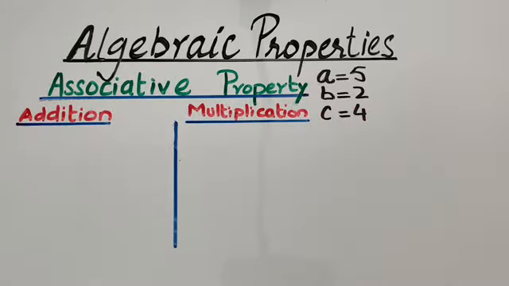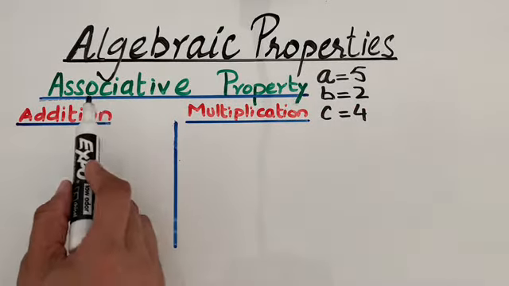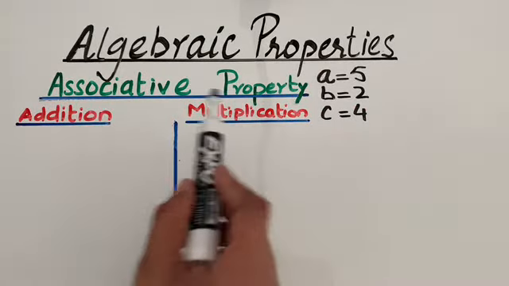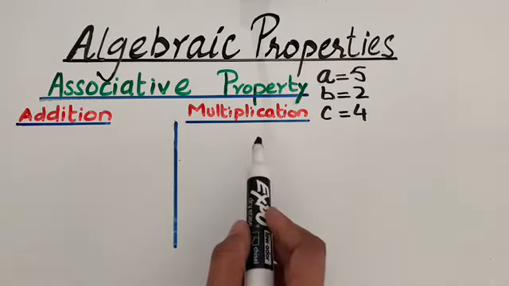The second algebraic property is known as associative property, and it has a part for both addition and multiplication.